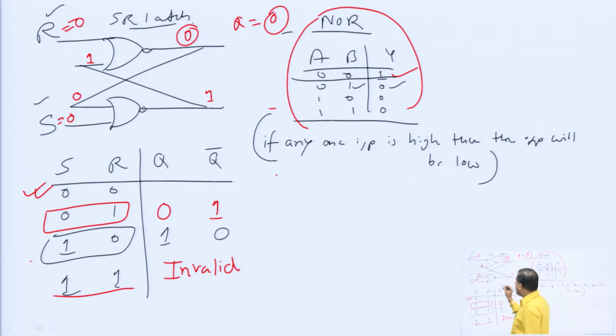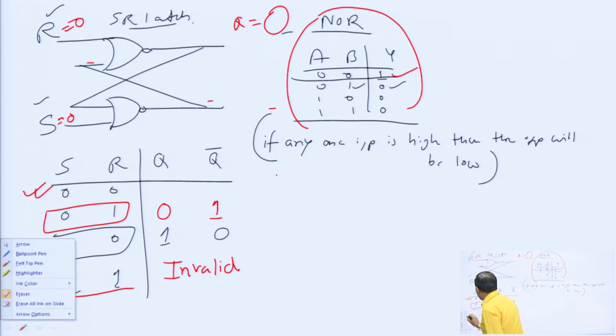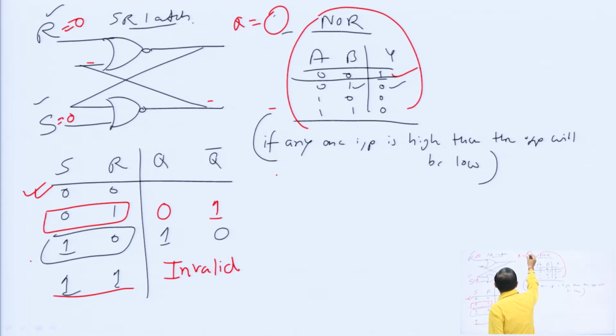Now, again you will say, sir, if we consider Q is equal to 1, what will be the output? Let us check. If we consider Q equal to 1, then this 1 will be coming here, and for 0 1 the output will be 0. This 0 goes to the other gate, 0 0, and the output will be 1.